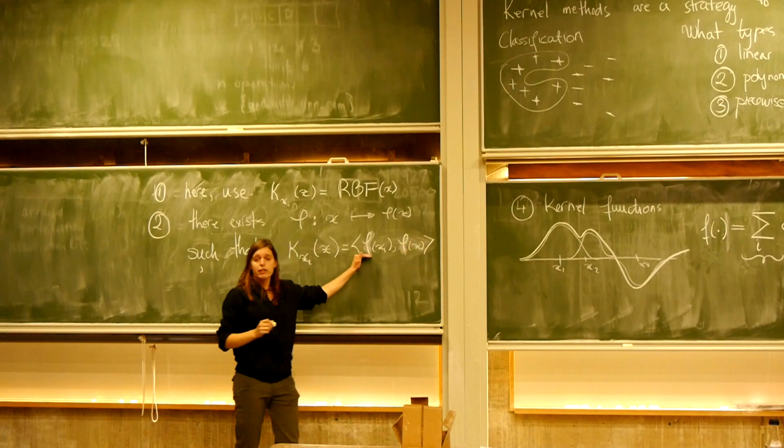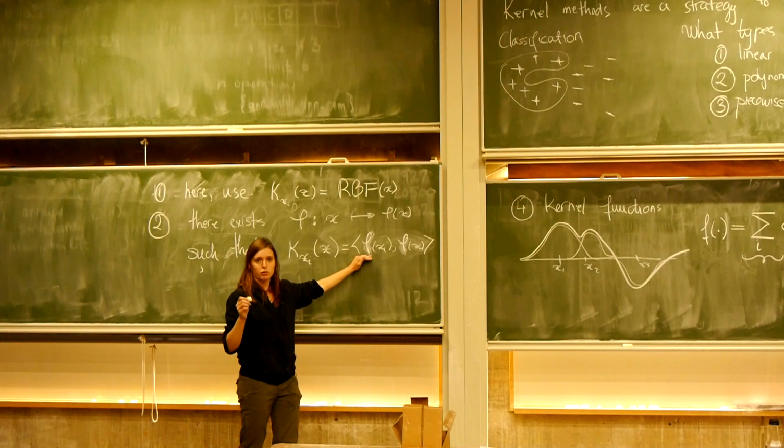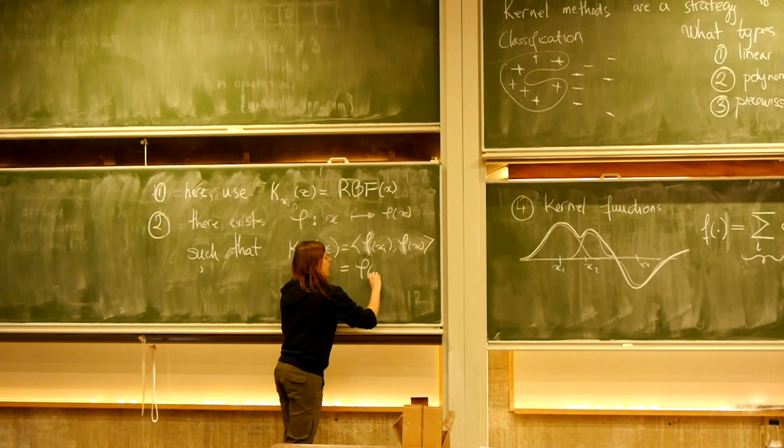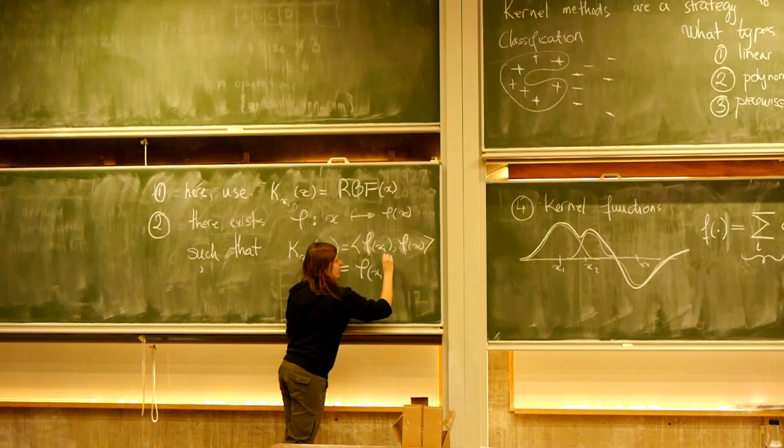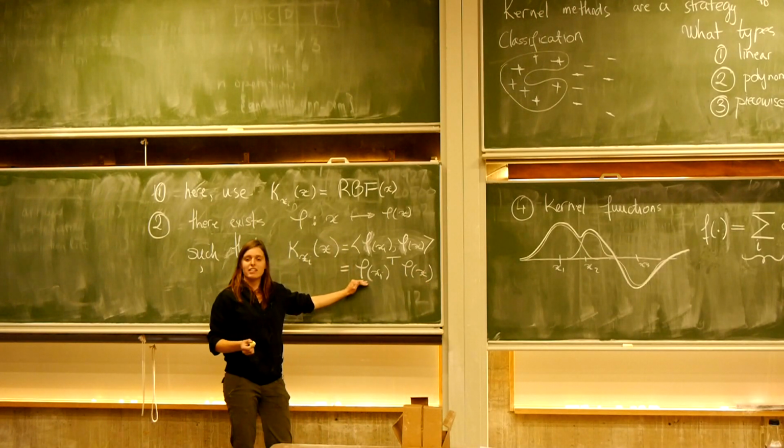If I was sure that this phi was finitely dimensional, and I don't even touch that with a 10-foot pole, but if I was sure, then I could just write phi of xi transpose phi of x. And this would finally look to people like a simple linear thing we know how to deal with.